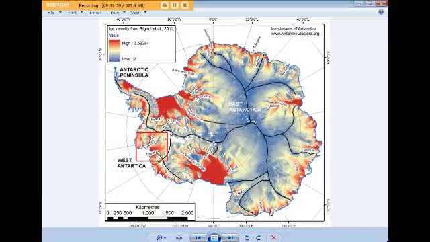So that's probably something we're going to need to keep an eye on. And then there's a few over here on the edge of the Ross Sea. So there's that.